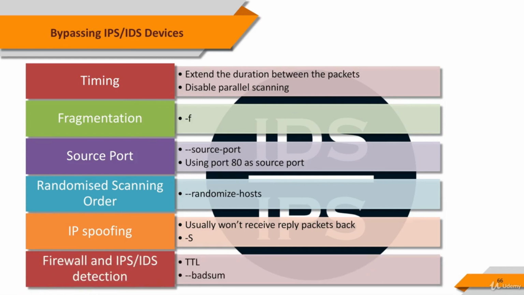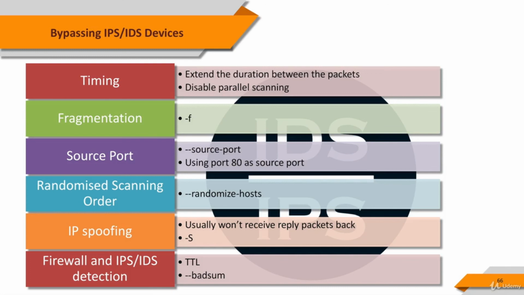You can also use some techniques to understand the existence of the security measures. The first technique is to analyze the TTL, the time to live values of the incoming packets. The TTL values of the packets coming from the destination systems may differ from the TTL values of the packets coming from a network security device.